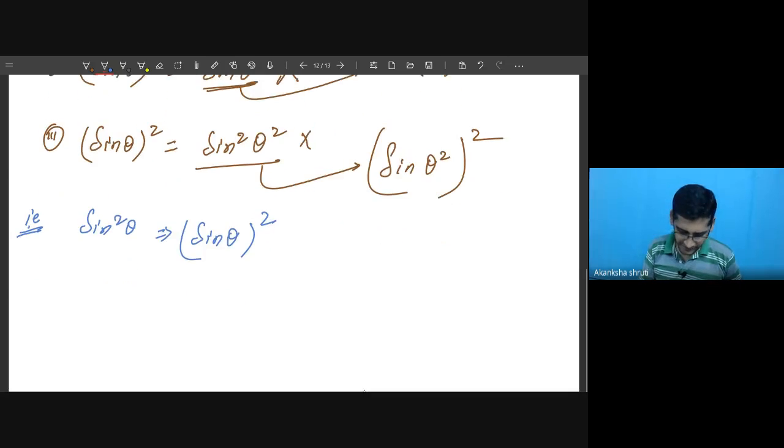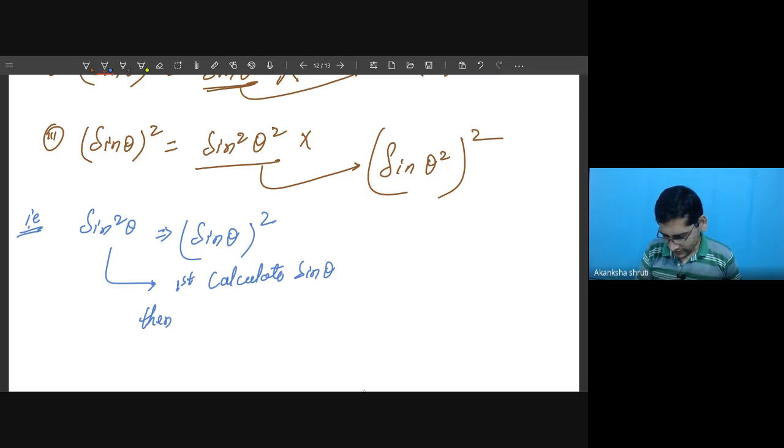Okay, so first calculate sin theta, then square it. Whatever the sin theta value you are calculating, say a number or ratio, say 5/3 or 3/5 — basically 5/3 is not possible for sin theta because sin theta is always less than or equal to 1.